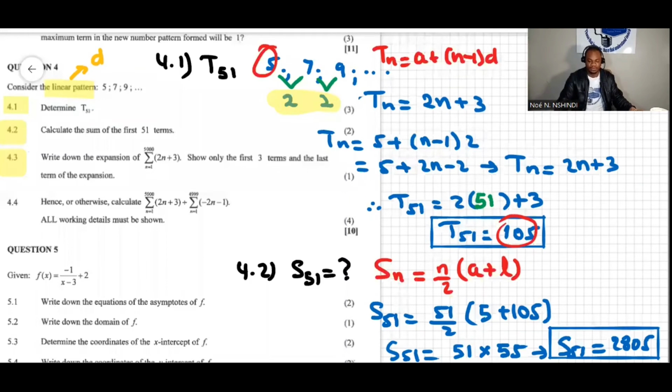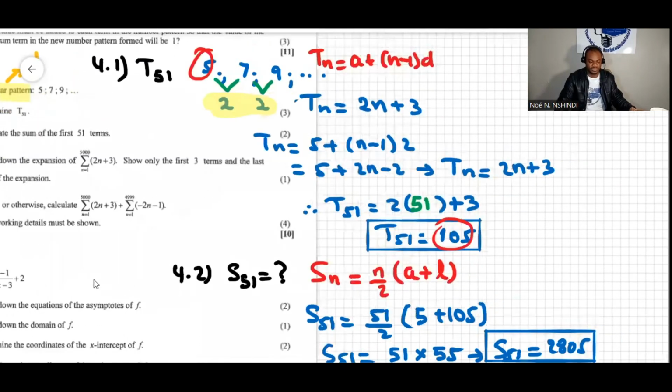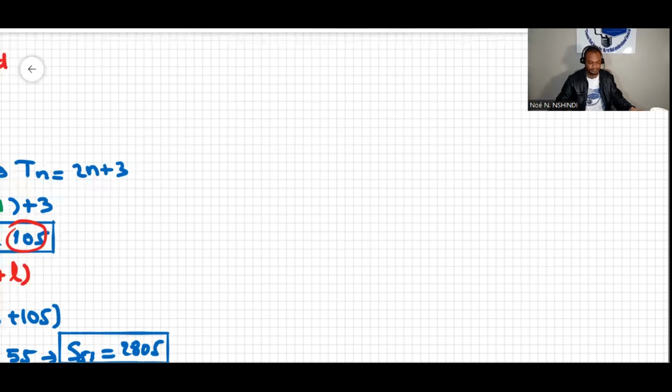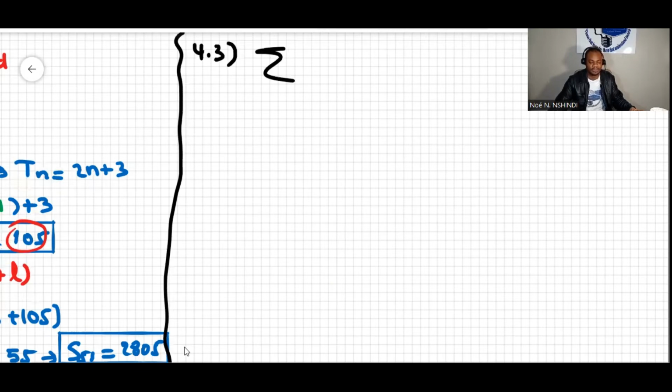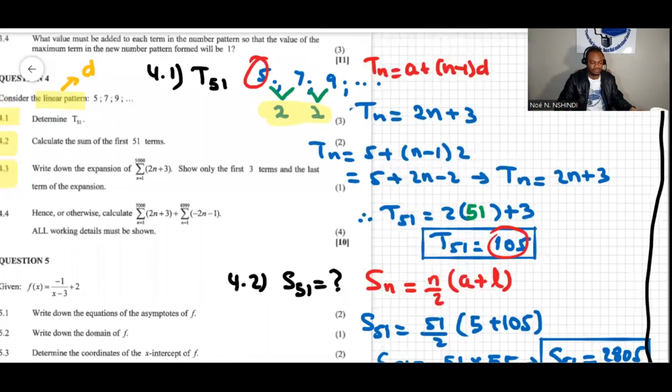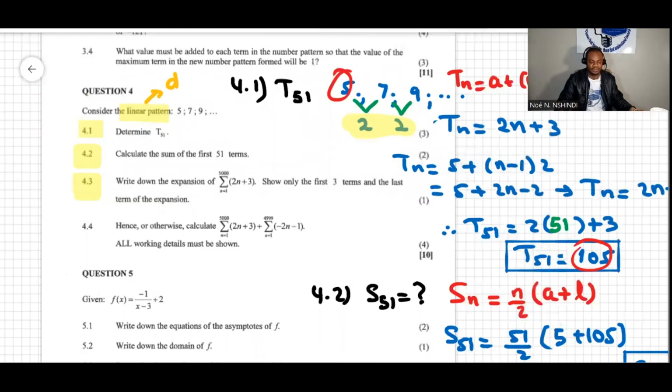All right. I would like to move this over here, and then split like that. 4.3. So we have the sum of 2n plus, is that so? Plus or minus 3? Yes, plus 3, from 1 to 5,000.